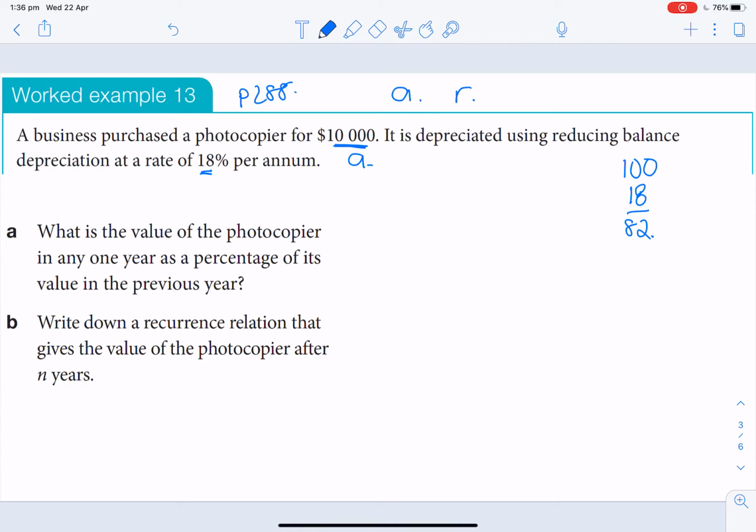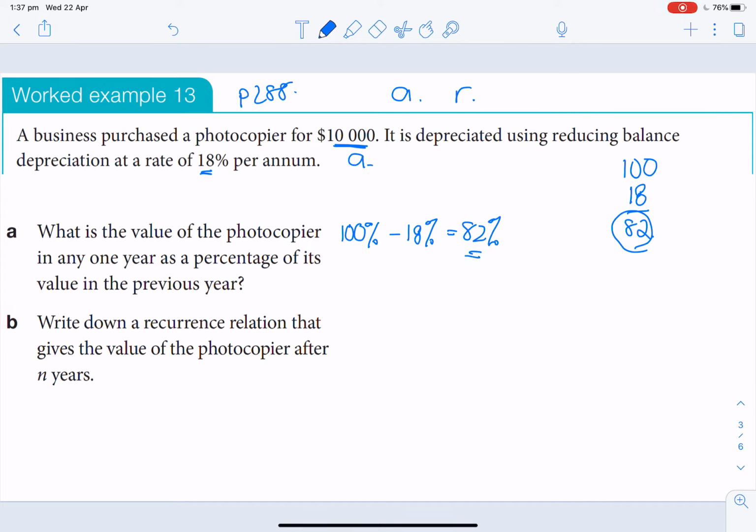So we're starting with our 100% amount, which in this case is $10,000. Then we're going to subtract 18% per year. We're going to end up with 82% of the value. So it's only worth 82%.